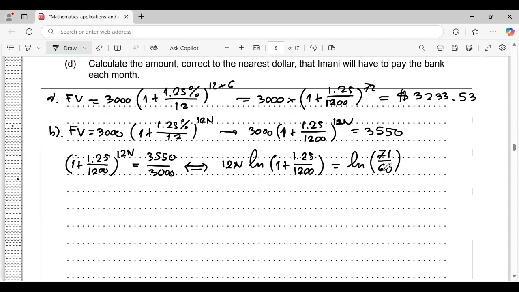Next, calculate and find the number. The result of log 1 plus 1.25 over 1,200, times 12n, log.